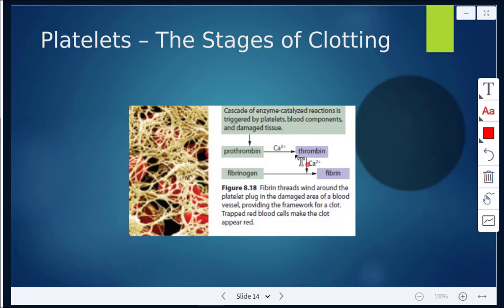Again, calcium is required. And then fibrinogen will form fibrin. The fibrin threads will wind around the platelet plug in the damaged area of a blood vessel and will provide the framework for a clot. And then trapped red blood cells will make the clot appear red. So here we can see those strands and the red blood cells.